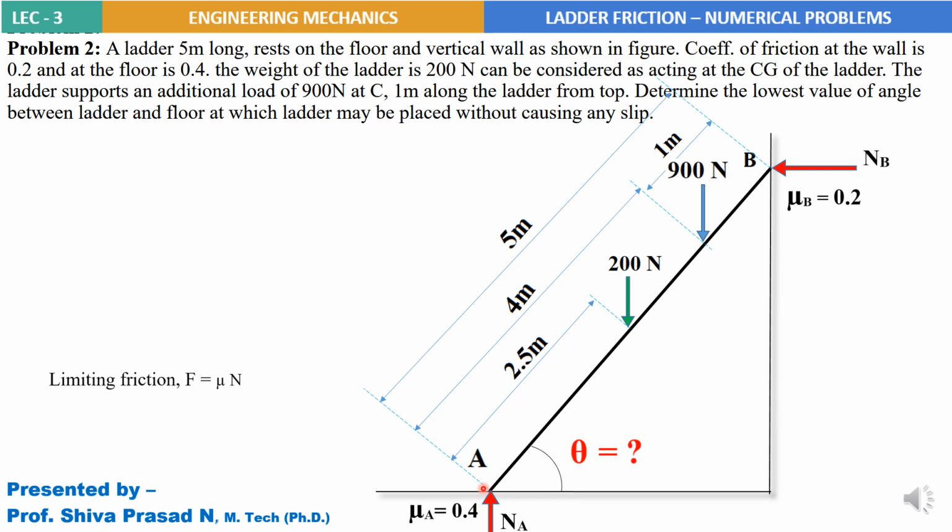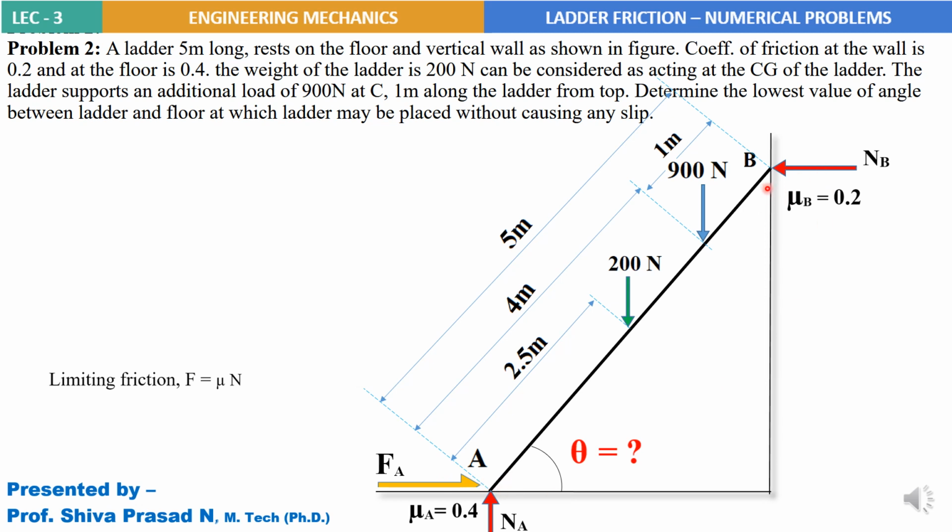Next, the frictional force at A. Okay, the impending motion: if the ladder is going to slip leftwards due to the applied loads, then definitely the frictional force should act in the opposite direction of the motion of the ladder AB. So the direction of the frictional force FA will be to the right side, that is opposite to the direction of motion of ladder point A.